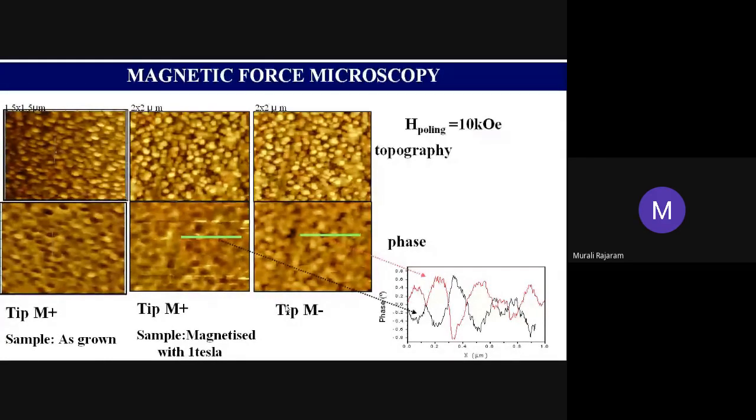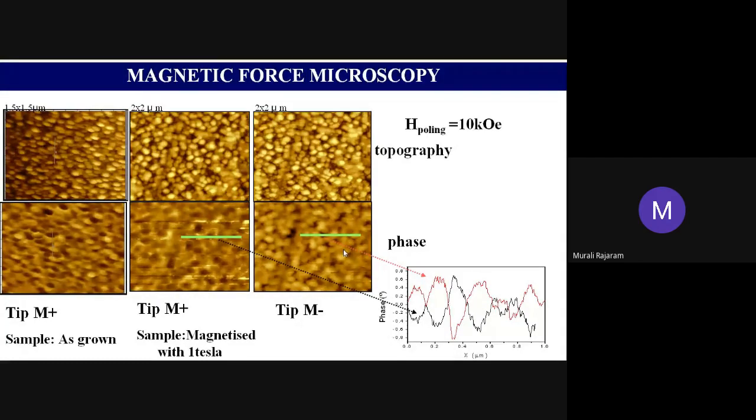We changed the tip magnetization to minus, and then we scanned almost the same region. Here, almost all the domains look bright. So this proves exactly that the domains or the pyramids are magnetic.